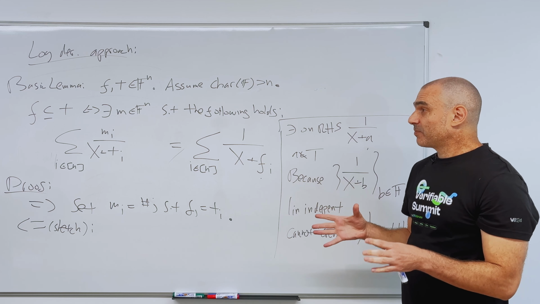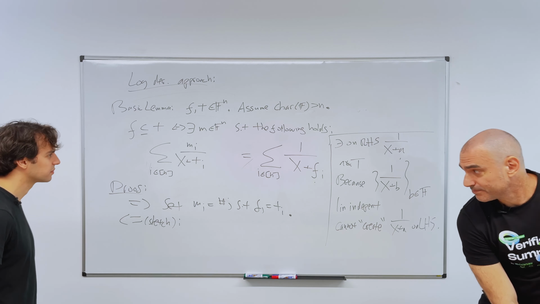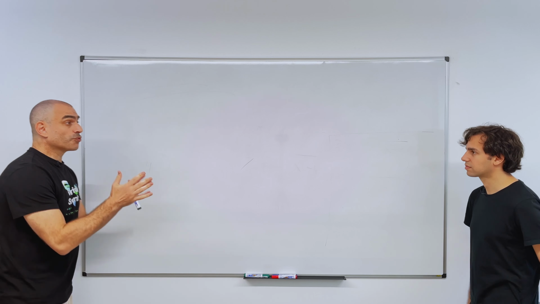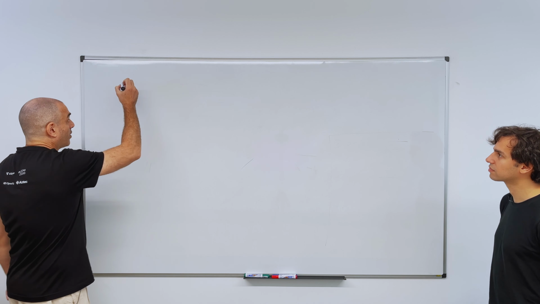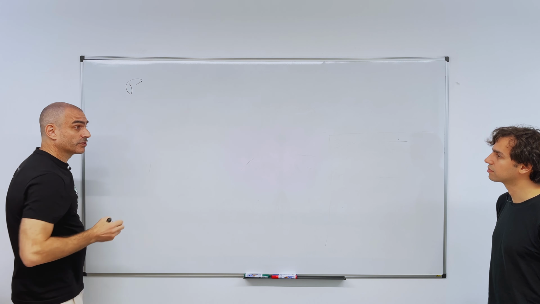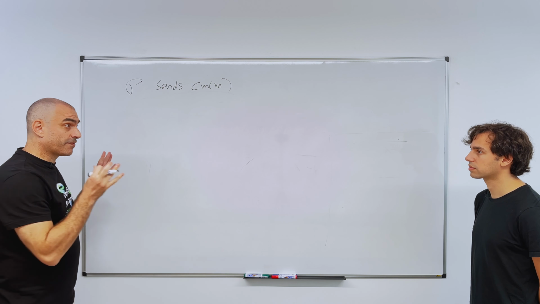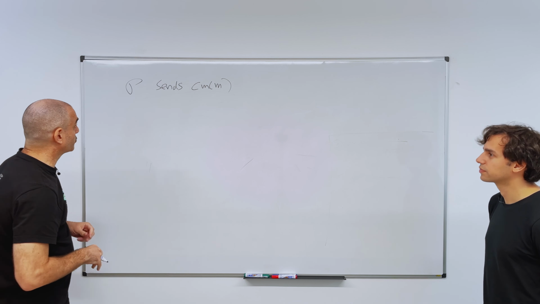Okay, so now that we have the basic lemma, let's use it to get a lookup protocol, the Logup protocol. So here's the idea for the Logup protocol. We're going to start by having the prover commit to this vector m. Okay. Which is the vector of multiplicities, we can call it. Yeah. How many times each element appears.